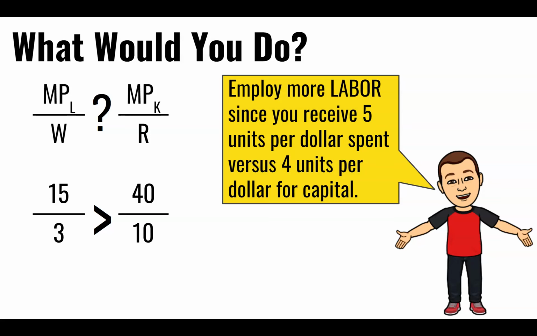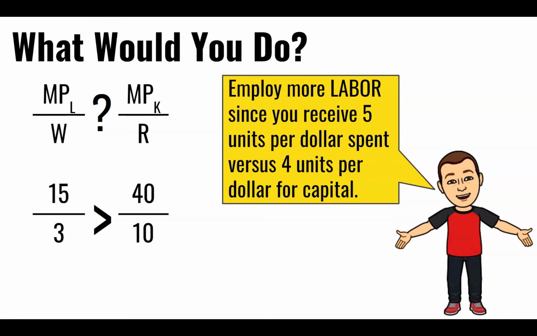As I employ more labor, the marginal product due to diminishing marginal returns should get smaller. So that ratio should go from 5 to 4 point something and continue to get smaller as I employ more labor. And as I employ more labor, I will employ less capital. And as I employ less capital, the marginal product of each previous unit of capital will be higher, so that will cause that ratio to rise.